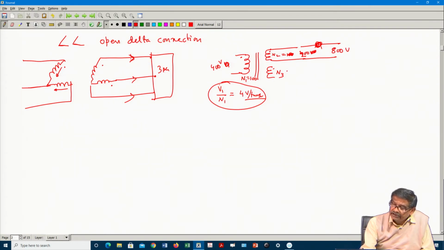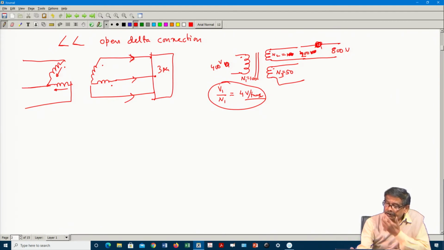And suppose N 3 is 50, how much voltage will you get here? 4 into 50, so you will get 200 volt here.